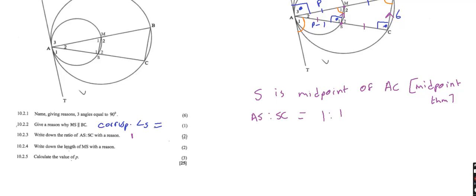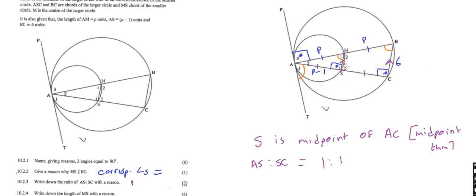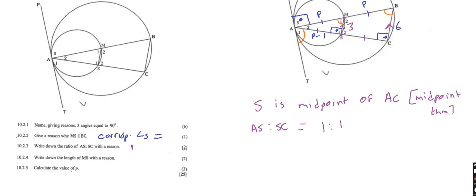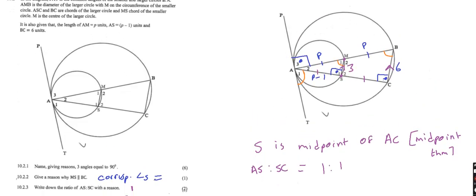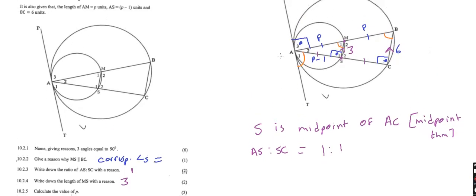So they are asking us to write down the length of MS. Just like I said, MS will be half of BC, so it's going to be 3 units. Now they are asking us to calculate the value of P. Let's use the triangle AMS.